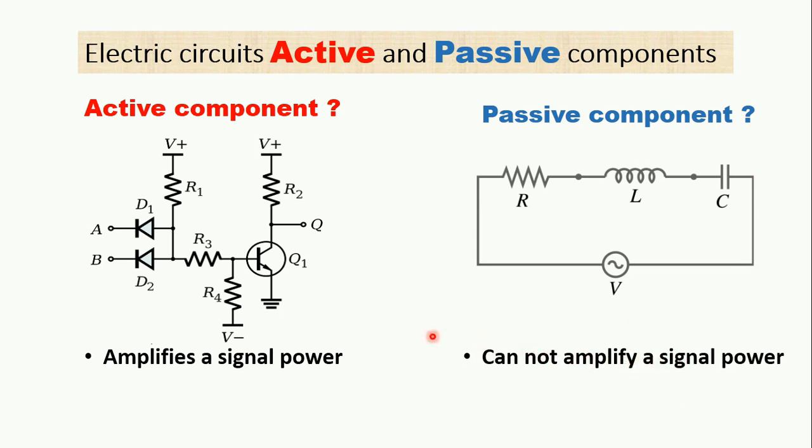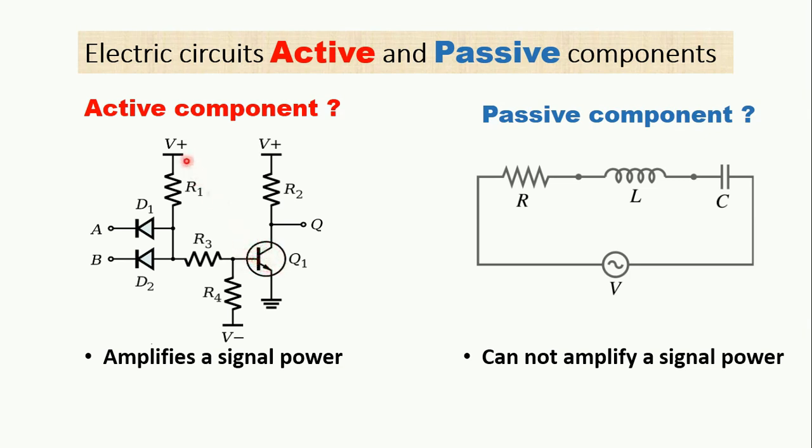So this gives us actually a better definition of what could be an active component and a passive component. A passive component cannot amplify a signal power, whereas an active component can amplify a signal power. Because in the end, if we look at the transistor, it is really not supplying energy to the circuit.